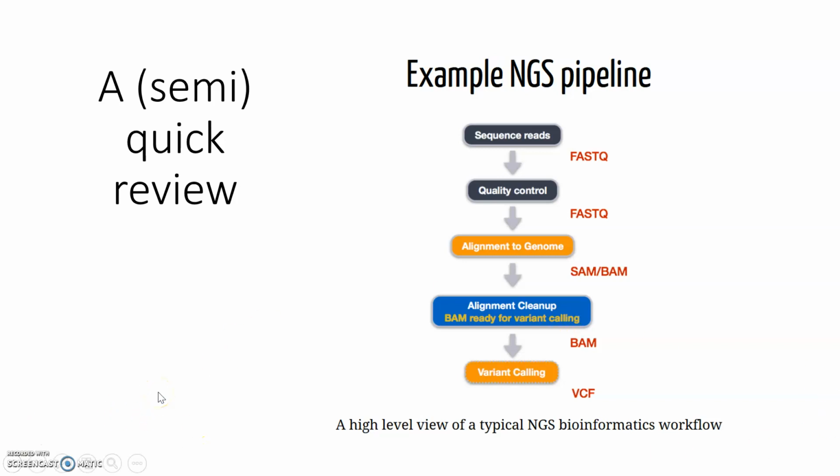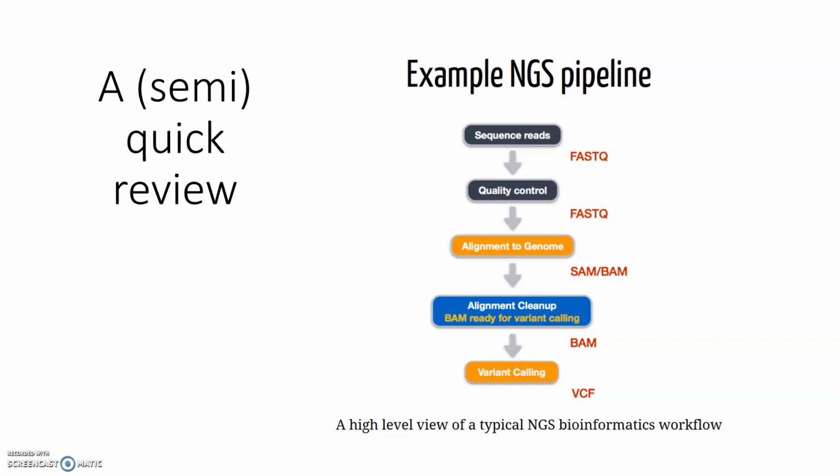All right. So this is our semi-quick review. Remember, for at least the last few weeks before spring break, we were working through this example NGS pipeline, and we were trying to follow it as closely as possible. Before that, we had done a lot of looking at and evaluating these FASTQ files, the large text files that have a lot of our short sequencing information that we get from the next generation sequencer.